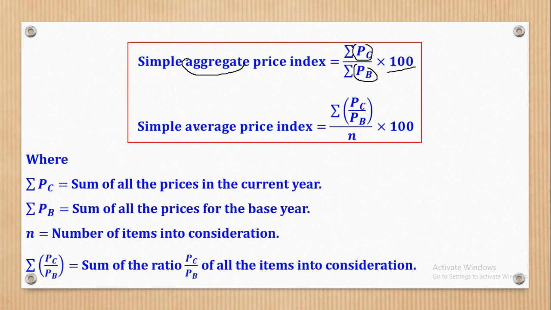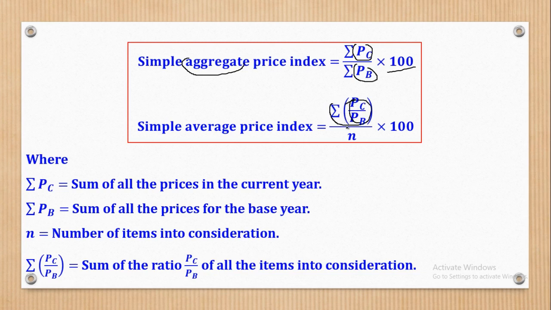What about simple average? Simple average, it is summation of the ratio of the price in the current year to the corresponding price in the base year. So for each item, you first get this ratio, price in the current year over price in the base year. Then after that, you have to sum all of them.